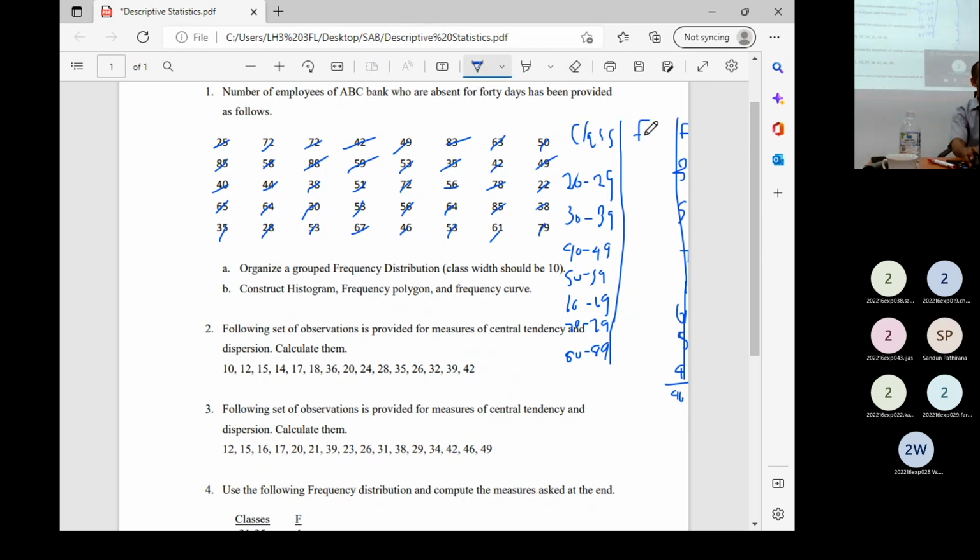Frequency here. This is my group frequency distribution: 3, 5, 7, then here 10, 6, 5, 4. Right, this is my group frequency distribution.